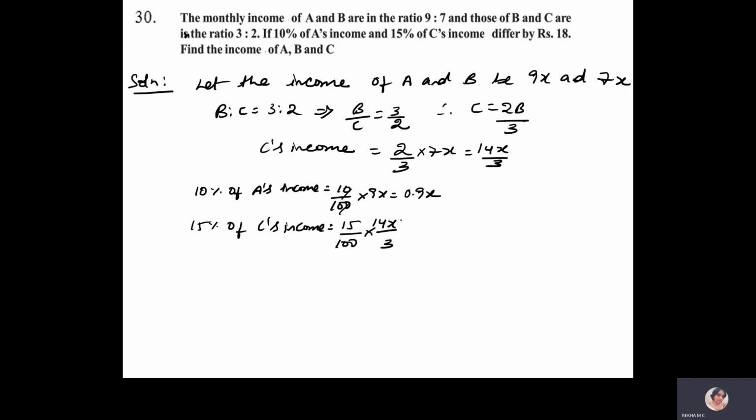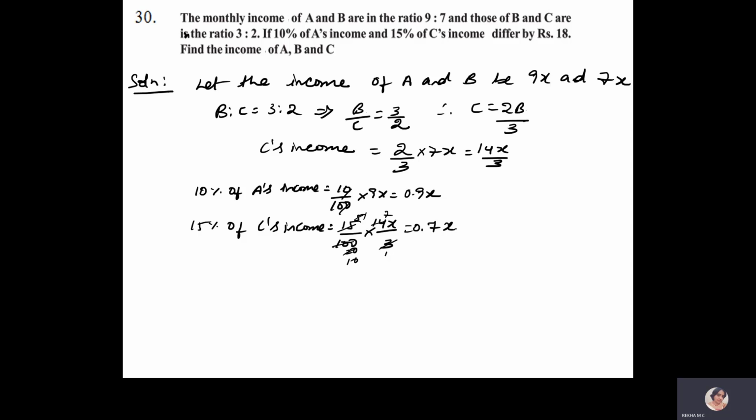So you reduce this, and you'll be getting 2 into 7, 2 into 10, 7 by 10, 0.7x.